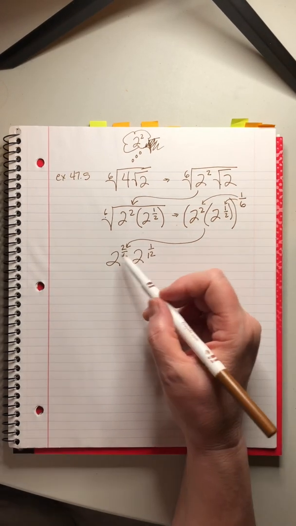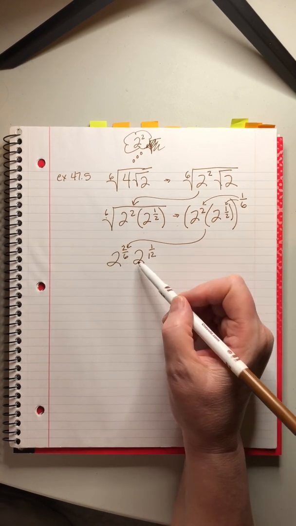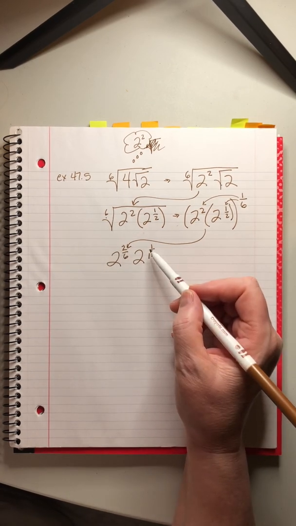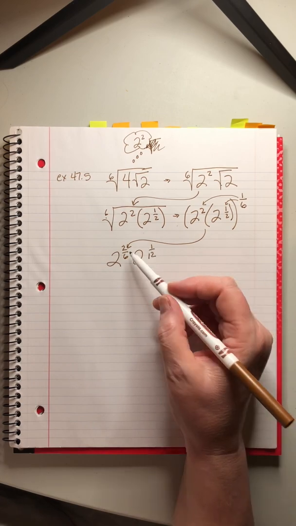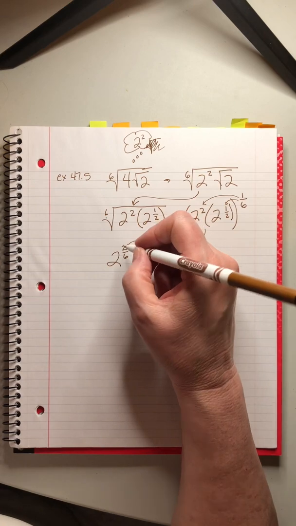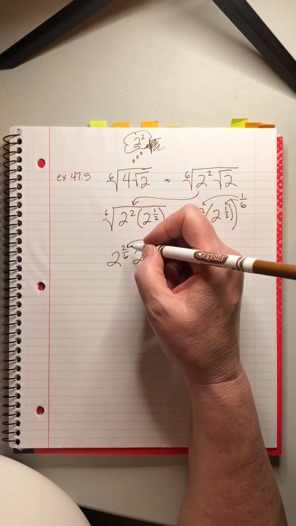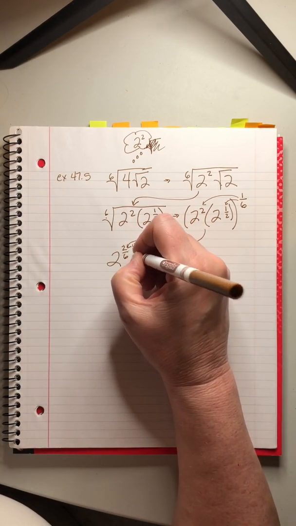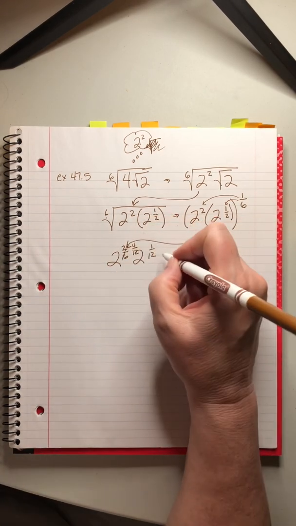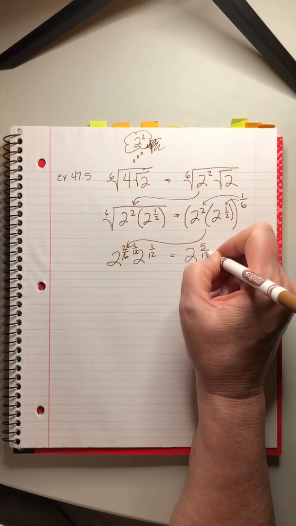And then we want to add, now we're ready to use the product rule because we're multiplying matching bases. We add the exponents and we'll multiply this one by 2 over 2, right? And make it become 4 over 12. And then 2 to the 5 over 12.